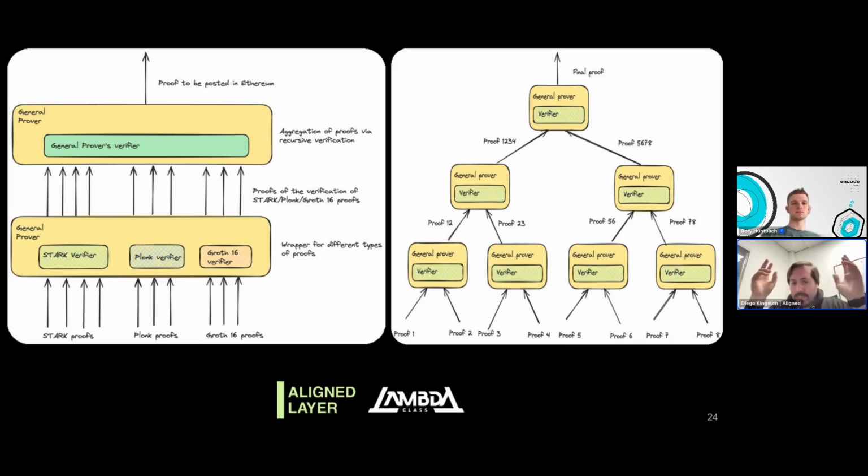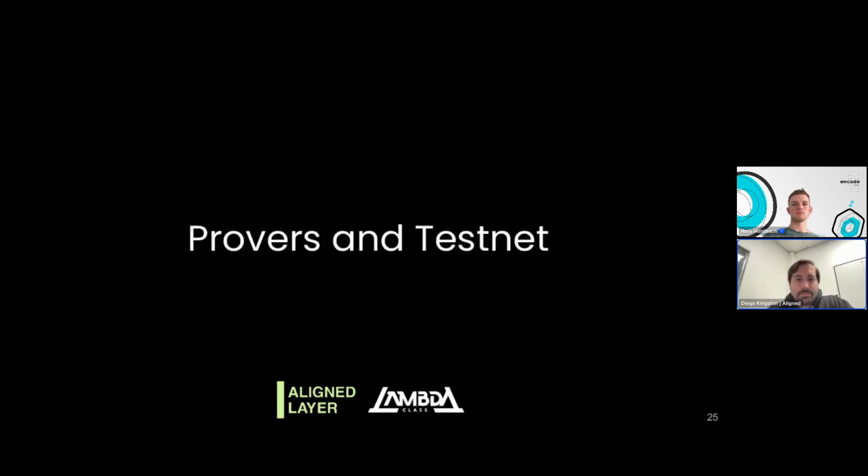And so at least you know that it's unlikely that the two had the same type of bug or whatever. But of course, this adds a lot of latency because you have to generate the proofs, while verifying is always much faster because of the logarithmic scaling.